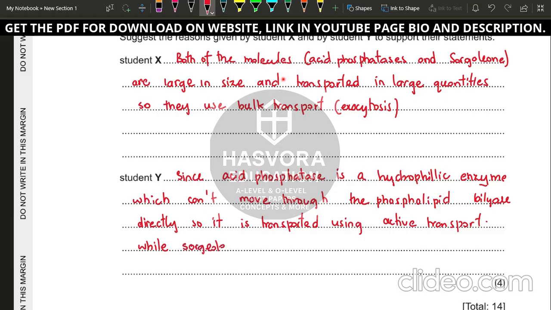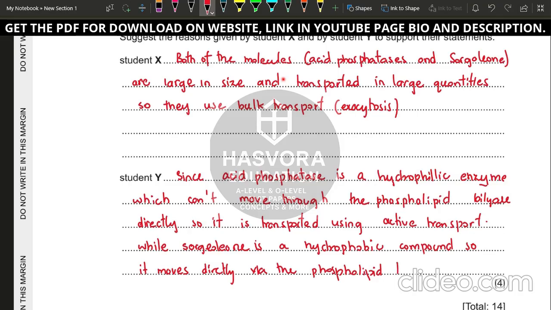And for the second one, while sorgolene is a hydrophobic compound, so it moves directly via the phospholipid bilayer down the concentration gradient.